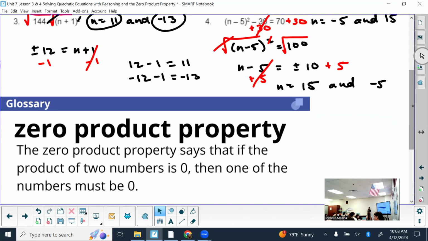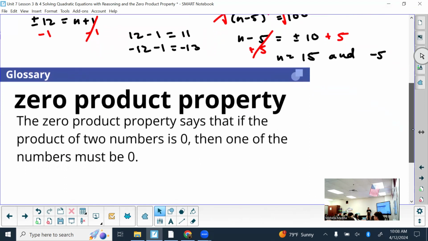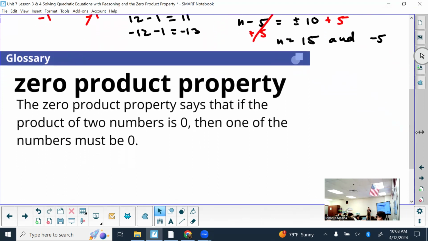You just maybe didn't know it had a name. It's the zero product property. So if the product of two numbers is 0, then one of the numbers must be 0. That helped us even answer a few of our warm-up, so we're gonna practice with this next set of problems.